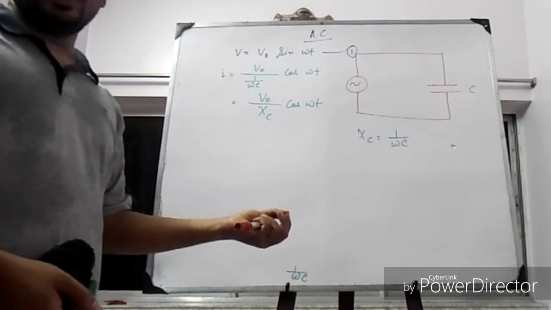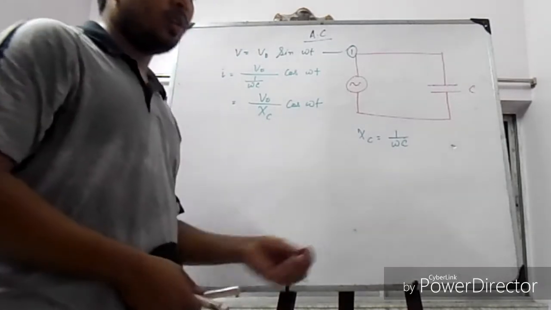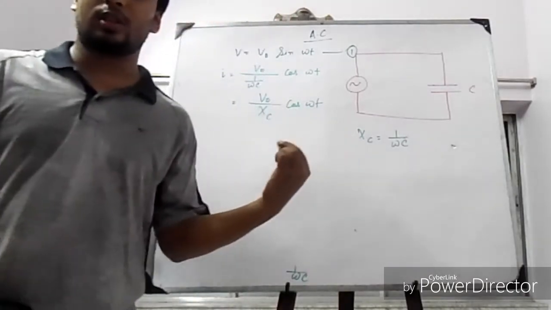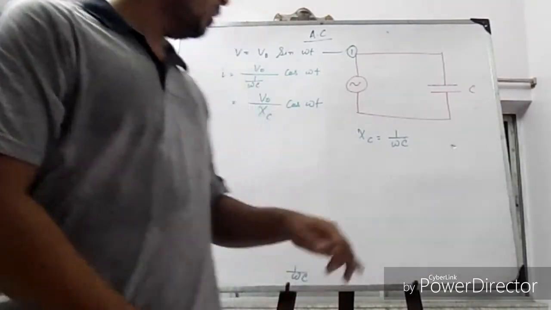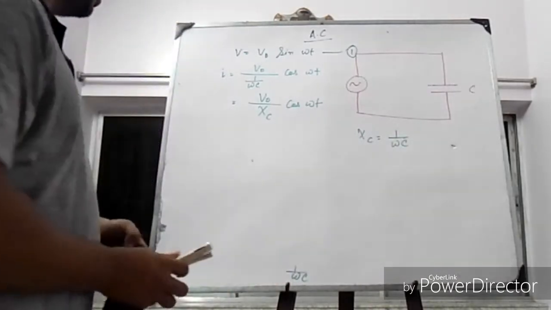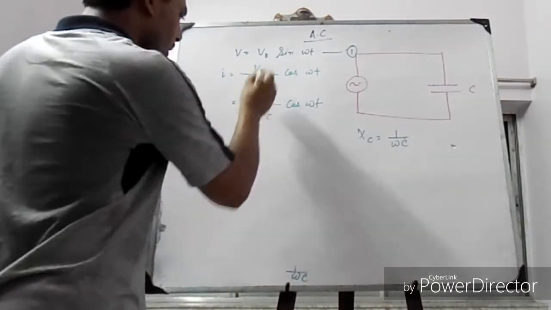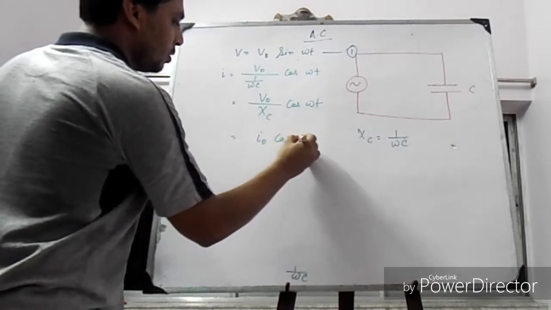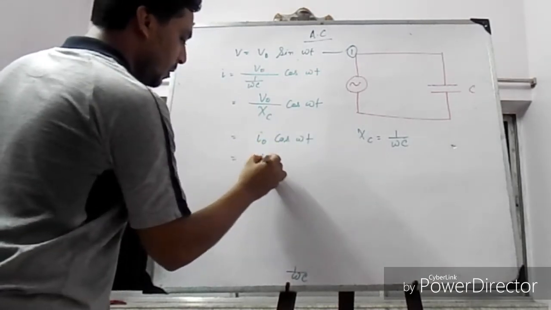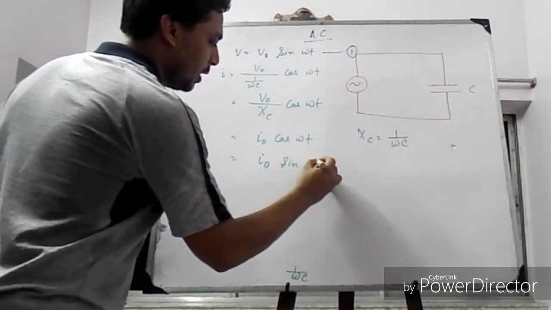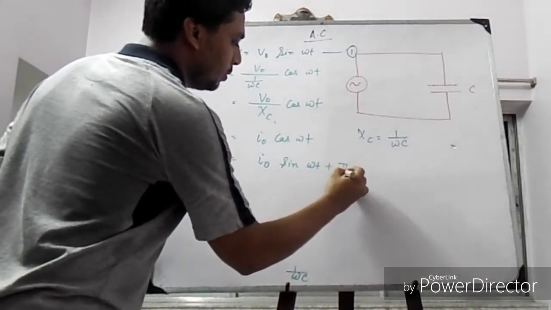In case of an inductive circuit, pure inductor, the inductive reactance was XL equal to omega L, and in this case it is Xc equal to 1 by omega C. Thus the current in the circuit is given by I0 cos omega t. This may be represented as sine omega t plus pi by 2.